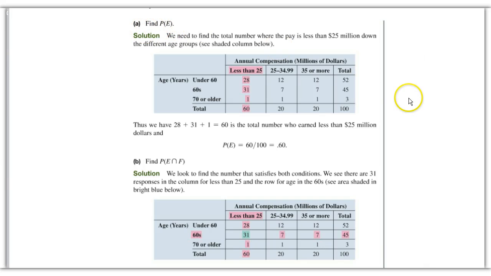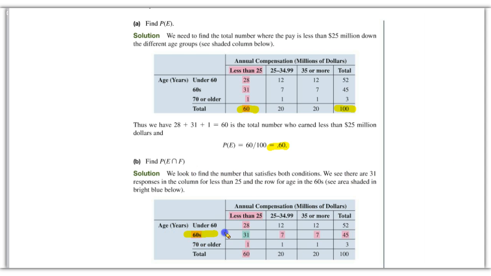All right, so for example A of this, we want to define our sample space. It's going to be 60 out of a total of 100. So our probability of earning less than 25 million is going to be 60%. Now we want to define what our F value is.